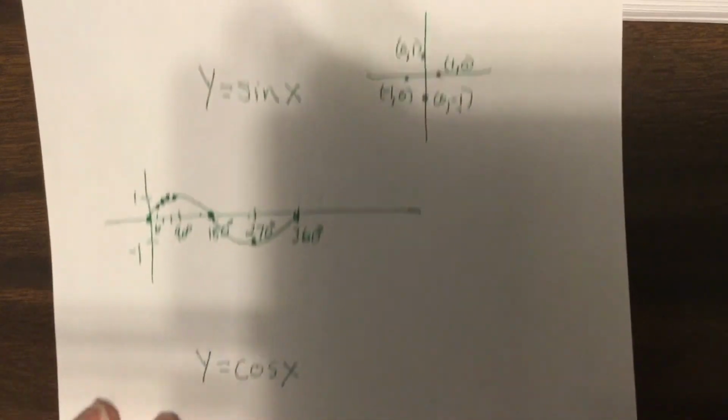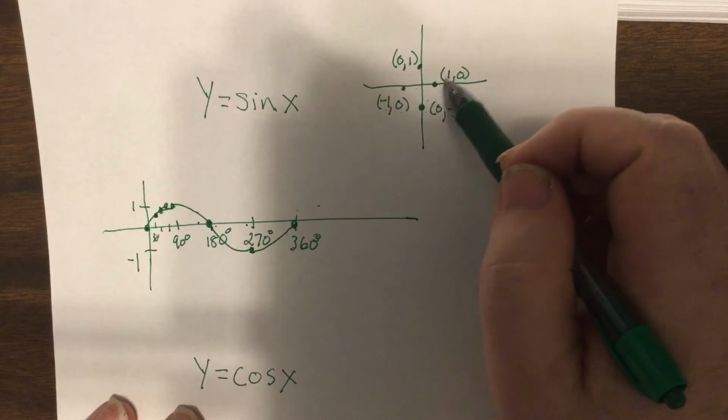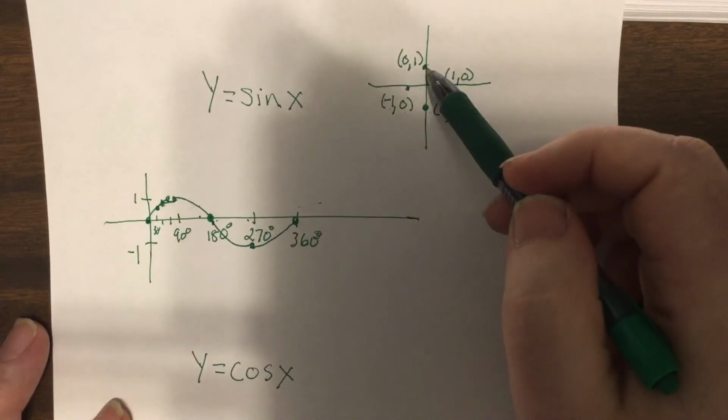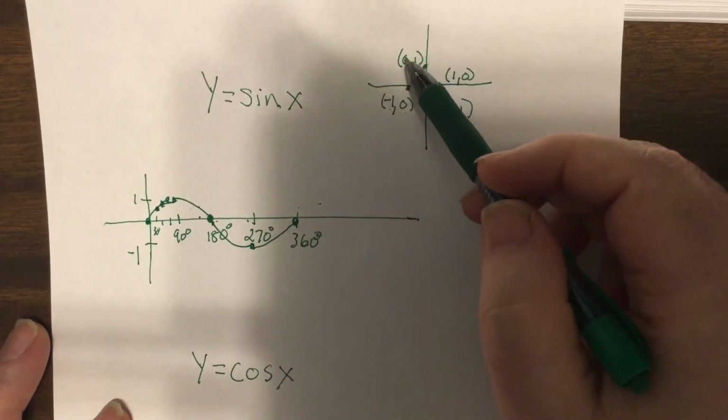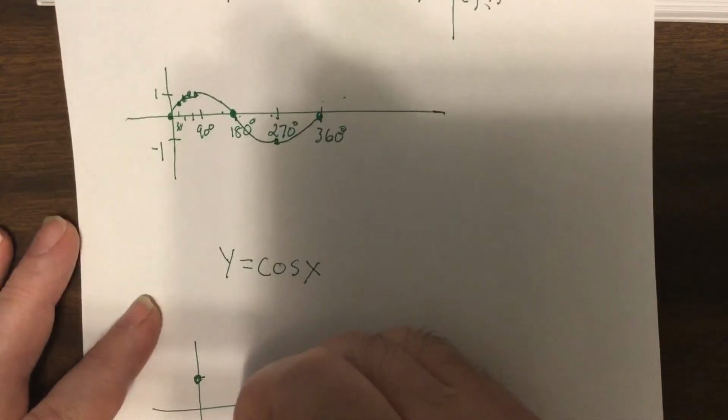Now cosine is x over r. It starts at 0 degrees with 1. So we would start at 1. Then at 90 degrees, cosine is 0 because its x is 0. 0 over 1 is 0.